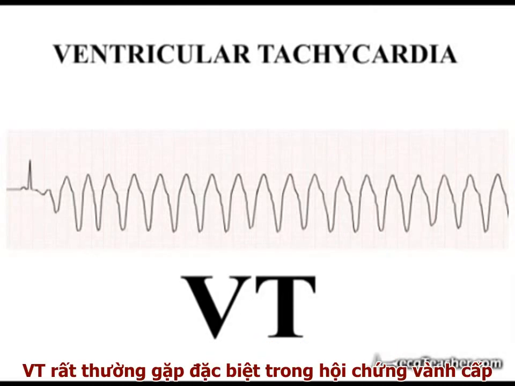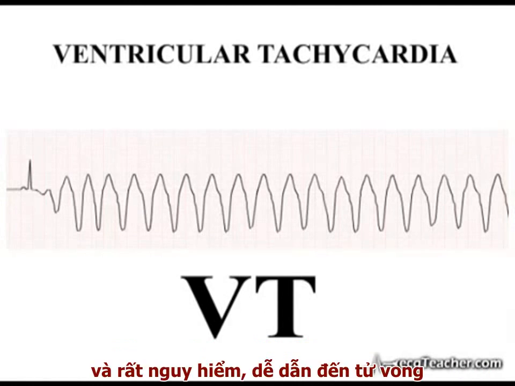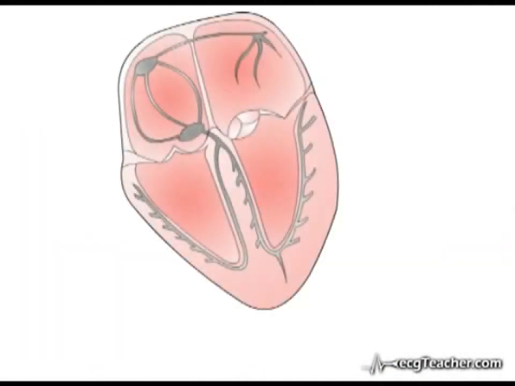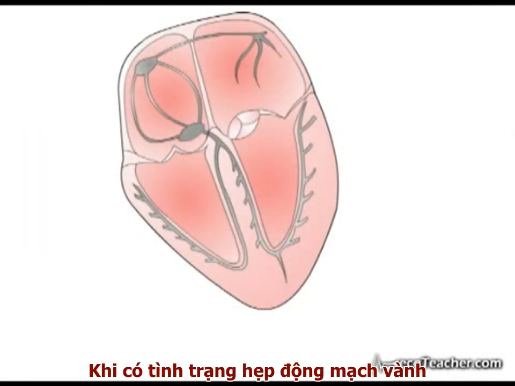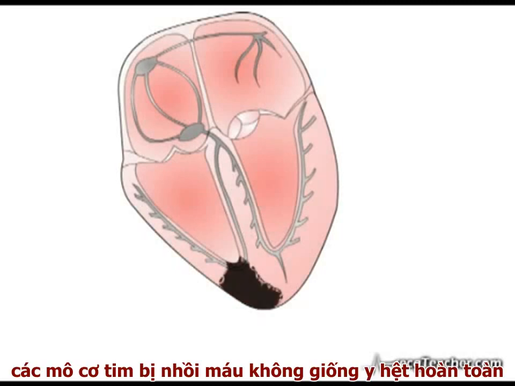VT is extremely common, particularly in the setting of acute coronary syndrome, and is potentially lethal. In the presence of coronary arterial obstruction, infarction of myocardial tissue is not generally uniform.